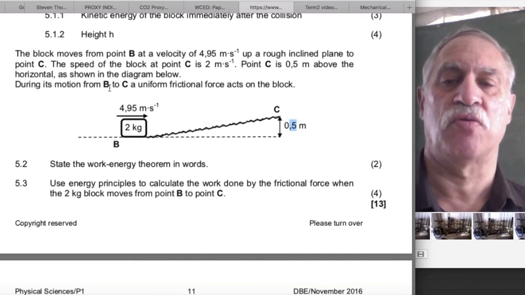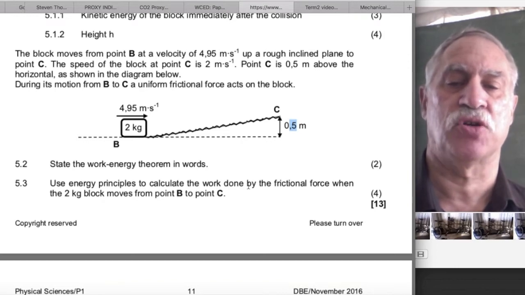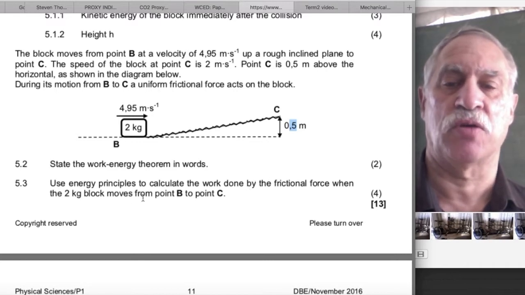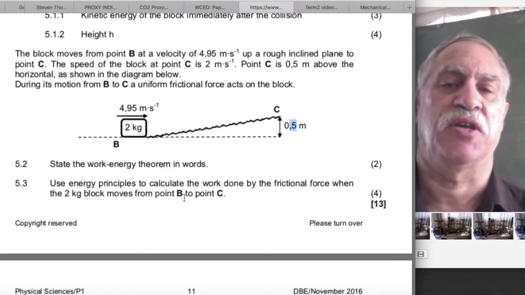During its motion from B to C, a uniform frictional force acts on the block. State the work-energy theorem in words, and then use energy principles to calculate the work done by the frictional force when the 2 kilogram block moves from point B to point C.